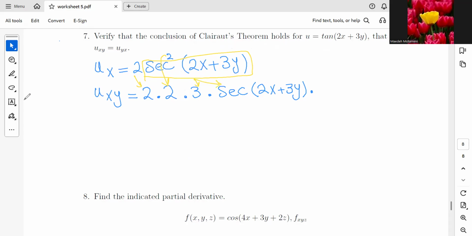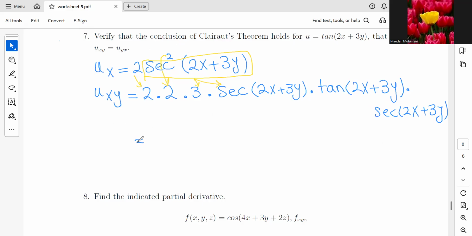And now, for the derivative of secant squared, we set the derivative of secant first, which is secant tangent of 2x plus 3y, and multiply this by the box itself with the power 1 less, which is secant of 2x plus 3y.